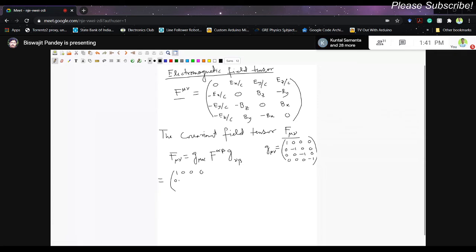Let me put it: 1 0 0 0, minus 1 0 0 0, and then this matrix 0 Ex by c, Ey by c, Ez by c, minus Ex by c, and minus Ez by c, 0, Bz, minus By, and then another 1 0 0 0.